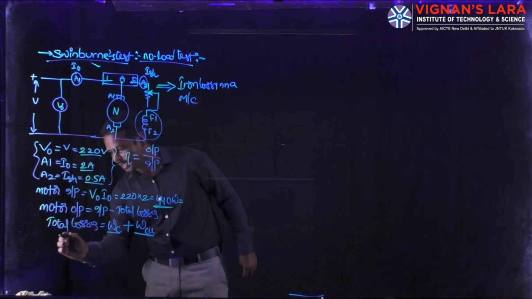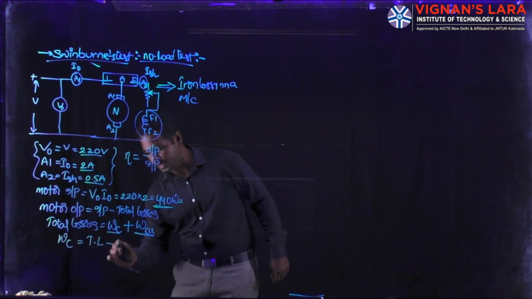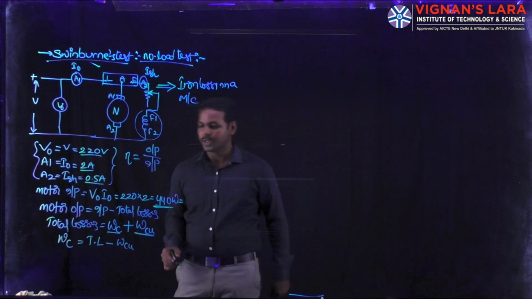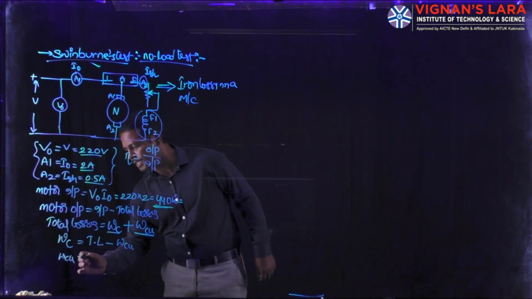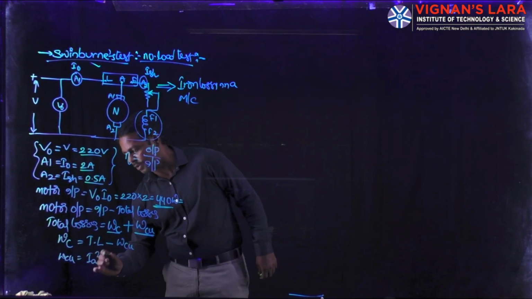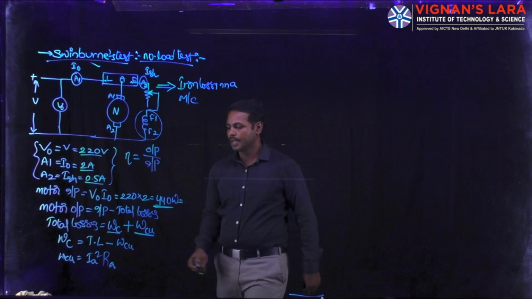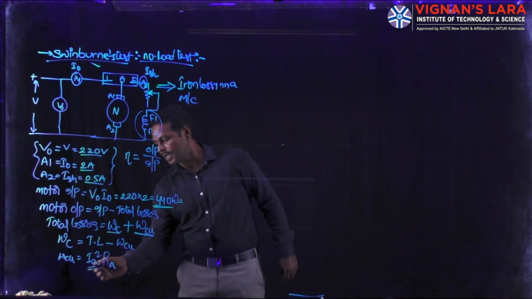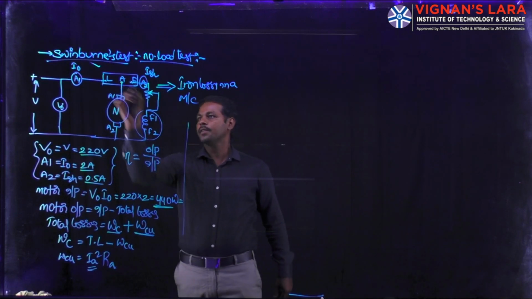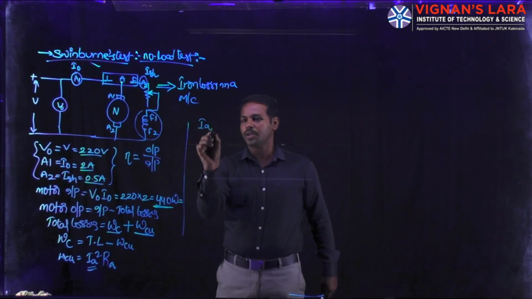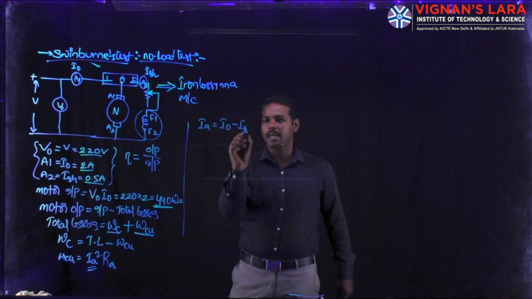So we can find WC as total losses minus WCU. First of all we can find WCU. WCU is equal to IA square into RA. So how to find the armature current? IA is equal to I naught minus ISH.